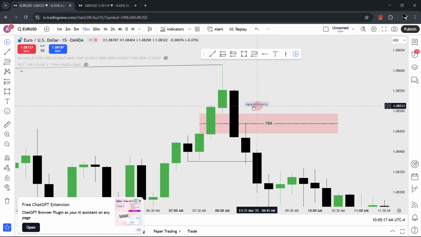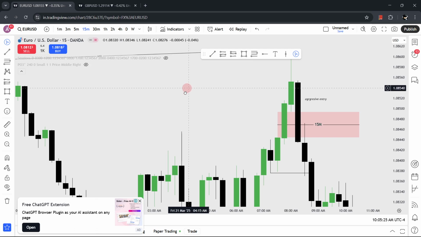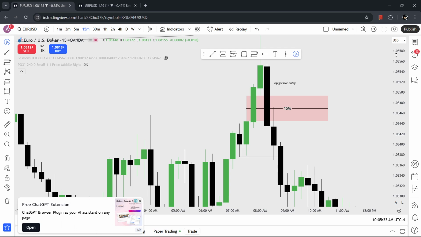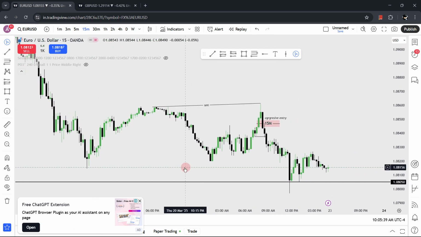Sorry for the spelling, I don't want to correct it. So if an SMT forms with respect to GBP and the US dollar index was able to take out that high, it's highly probable that it should go to this low, or at least this low, that is the extra day's low.